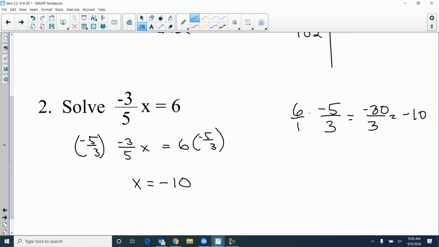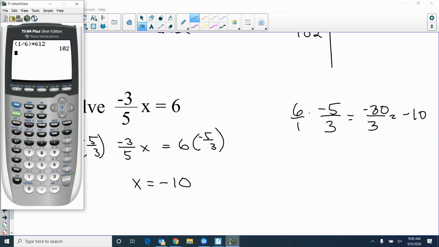So you can get around this problem, or you can do it without the calculator. The calculator obviously helps, and we're going to recommend you use it, but it's helpful to have an idea what's going on so that you can see whether that answer makes sense to you. And to check it, because you don't know for sure whether it's right, you would take negative 3/5 times 10.